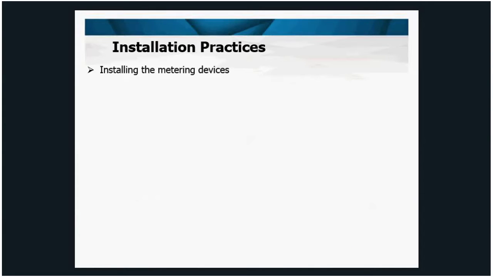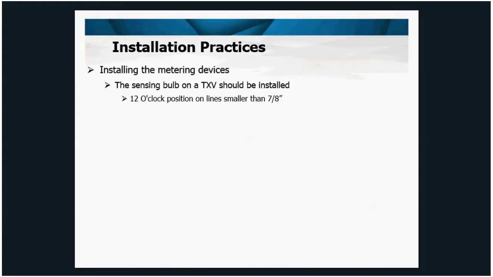Okay, installing metering devices. It's pretty straightforward doing a piston type or fixed metering device, and you do have fixed metering devices on both heat pumps and air conditioners. But if you're installing an expansion valve, it's a little more complex. The sensing bulb, if the line is 7/8 inch or less, should be installed at the 12 o'clock position.